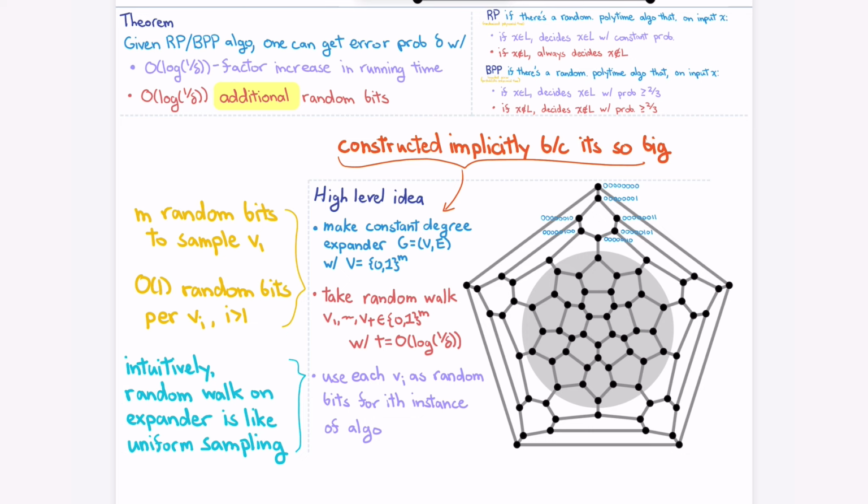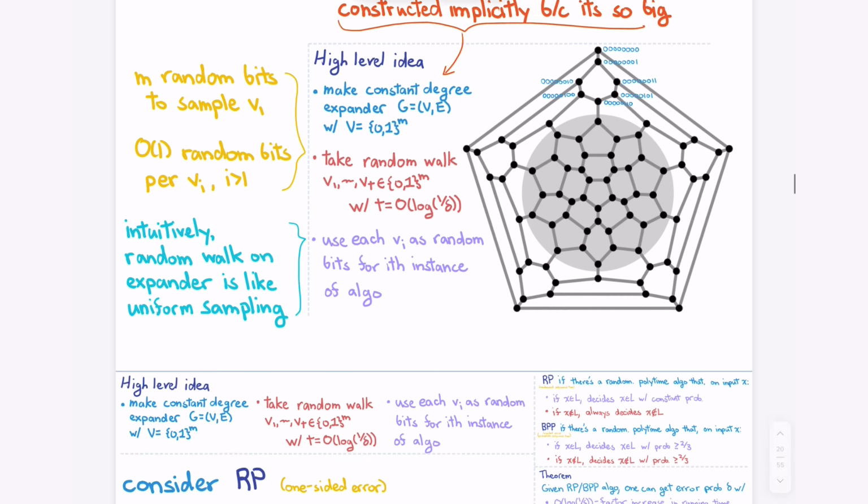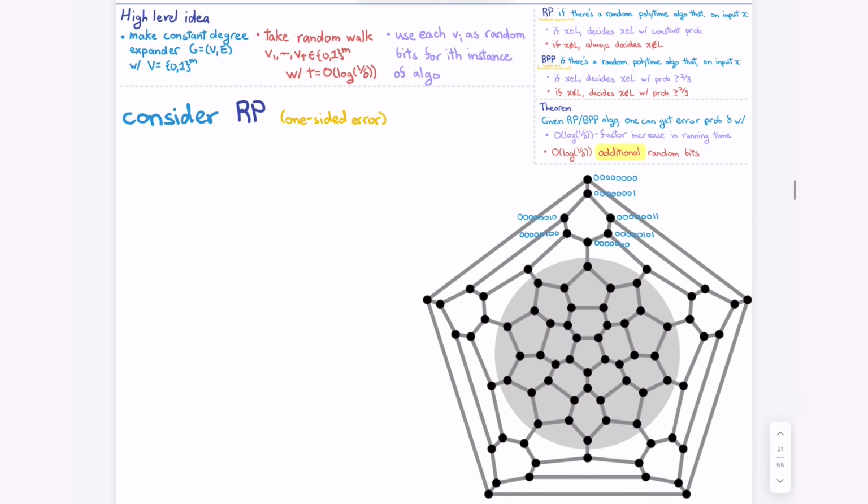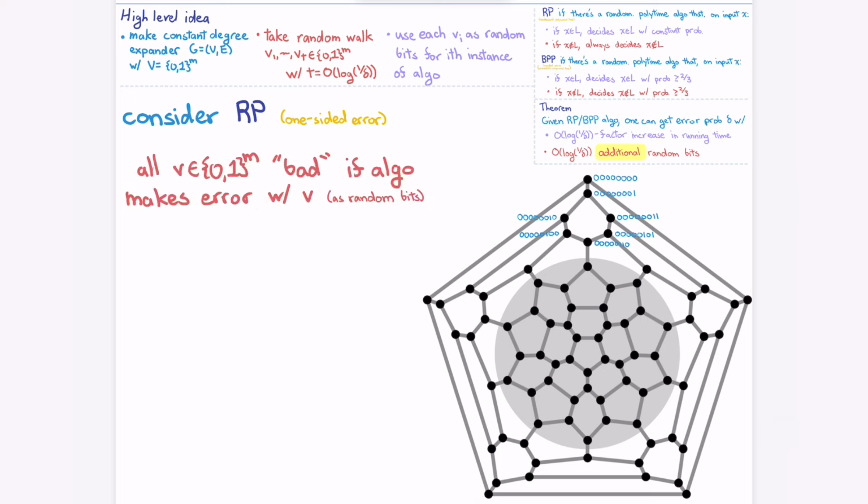So it's really building on ideas from last class. I think the thing we're presenting today chronologically came before what we did last class historically. Okay, good. So let's look at one-sided error. Let's call a vertex bad if the algorithm makes an error on the corresponding bit string, right?